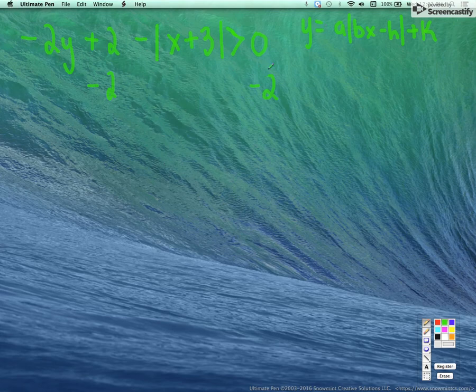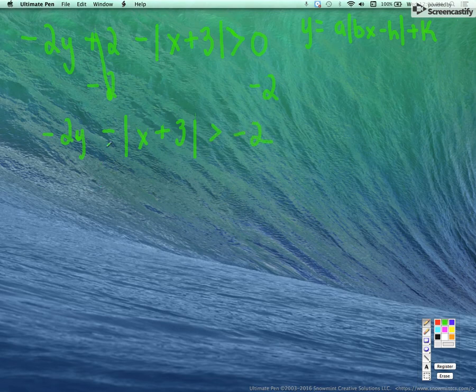Since we're subtracting 2, we don't need to flip our sign, but now we can rewrite our equation as negative 2y. And since we subtracted 2, plus 2 minus 2 equals 0, so these cancel out, and that leaves us with minus this absolute value of x plus 3 is greater than negative 2.